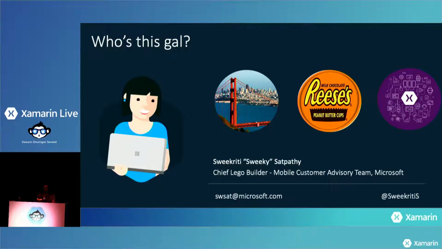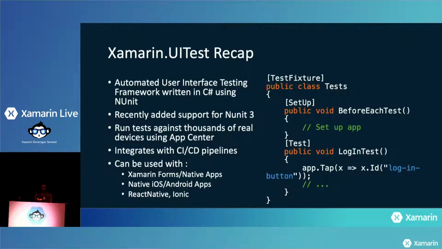Let's get down to testing, right? So Xamarin UI test. For those not familiar, it's a NUnit-based unit testing framework, but in C#, and it allows you to write UI tests. It's aimed to be used with mobile platforms, so your apps don't always have to be a Xamarin app. They can be a React Native app, a native Android or iOS app. You can still write UI tests for them.